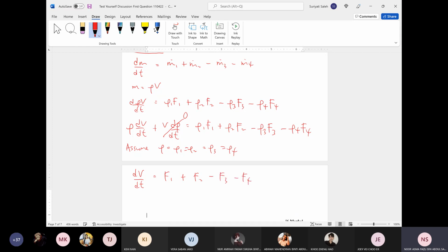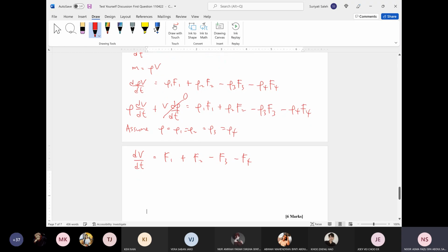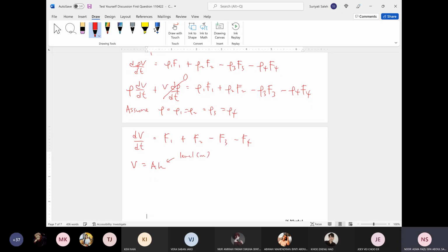Since the question requires you to develop the liquid level, the relationship is V equal to A multiplied by H, where H now is your level in meters. So we substitute into the equation: d(AH)/dt equal to F1 plus F2 minus F3 minus F4.